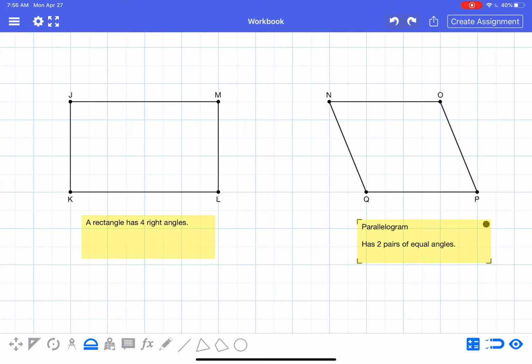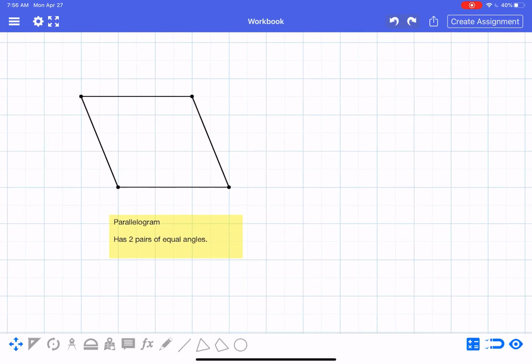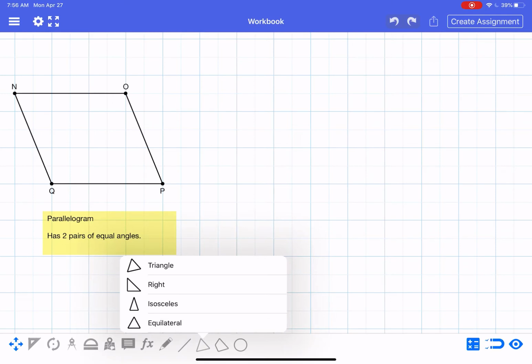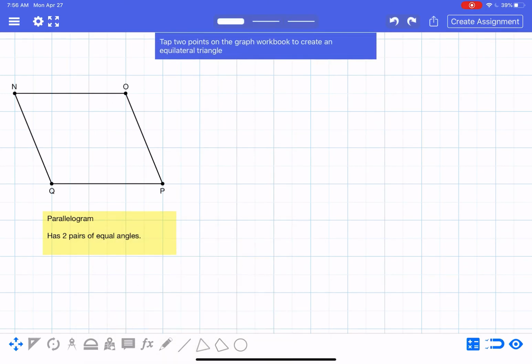Now, the last thing we're going to do, we're going to move on. You can sort polygons by whether they are regular or irregular. So I'm going to draw some regular shapes. So here we go.